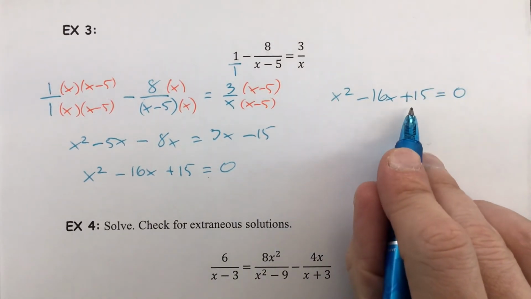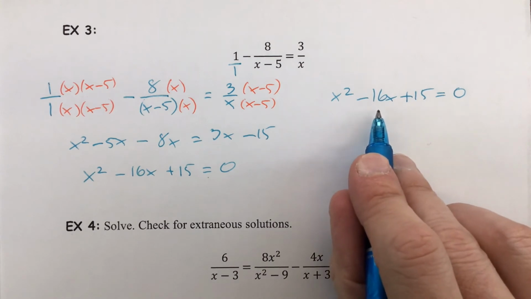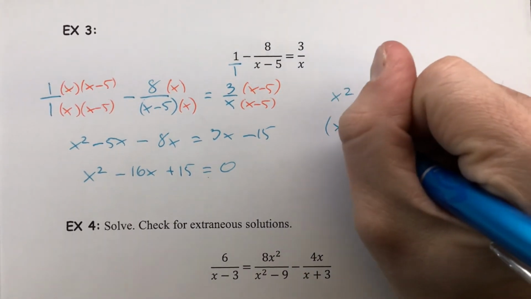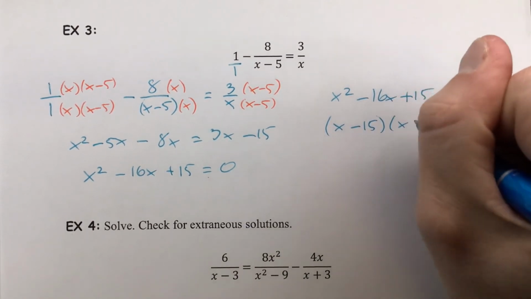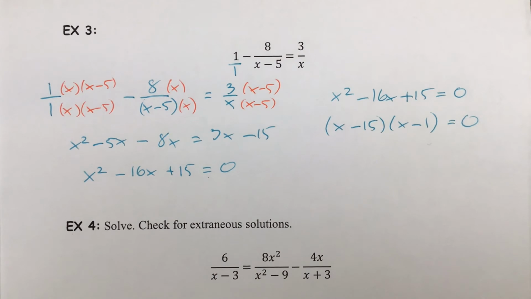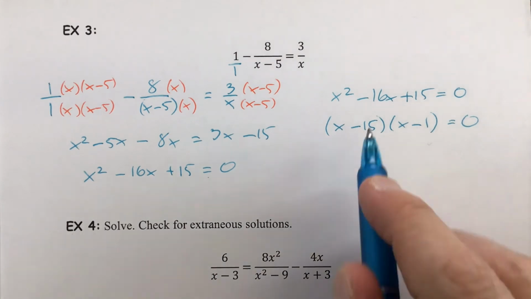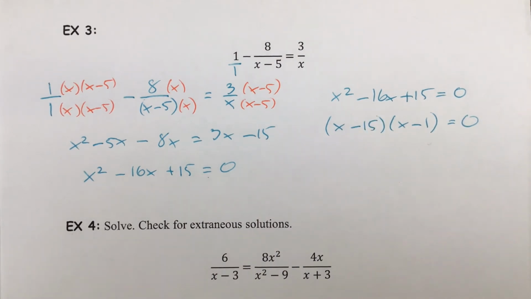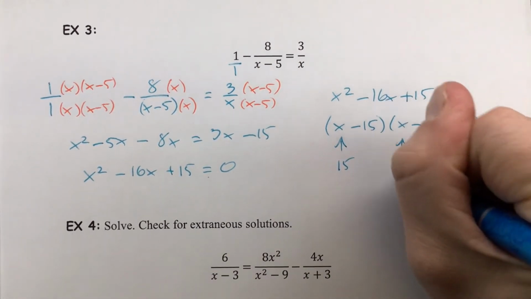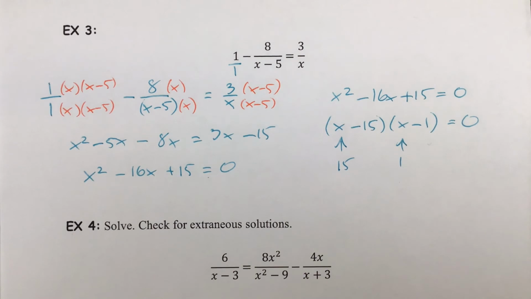What multiplies to give us 15, but will add up to give us negative 16? That would be x minus 15 and x minus 1. Their product will be positive 15, but they add together to give us negative 16. So the solutions will be 15 and 1, as long as they work for the original equation, which they do.